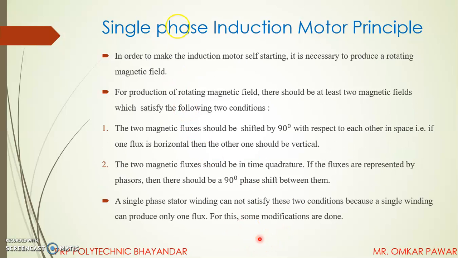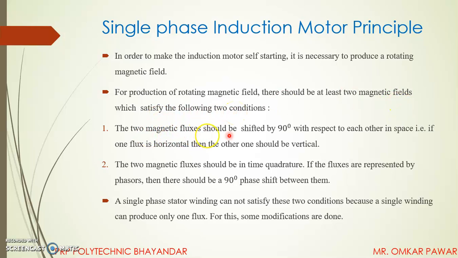In order to make the induction motor self-starting, it is necessary to produce a rotating magnetic field. To produce a rotating magnetic field, we require a minimum of two fluxes, two magnetic fields, which are 90 degrees apart in space. There should be at least two magnetic fields which satisfy two conditions.